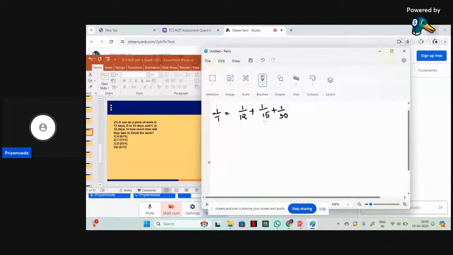And 2 plus 1 by 30 is 3 by 30. Here we left 1 by 12 as it is. So 1 by T equals 1 by 12 plus 1 by 10. Now we can multiply 10 into 12, which is 120, by 10 plus 12. I hope it is clear for all of you.